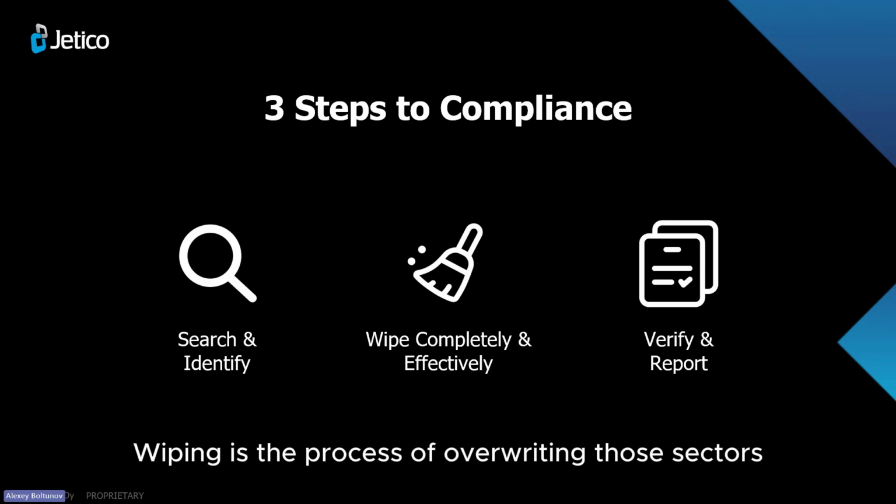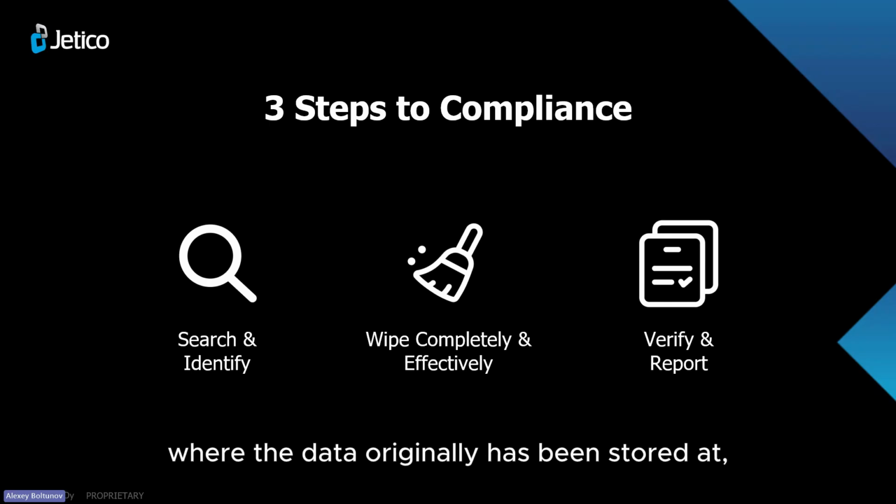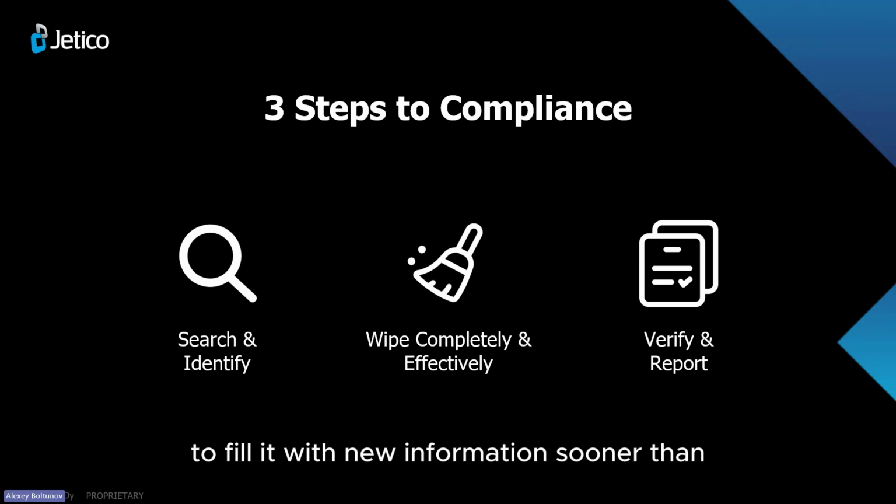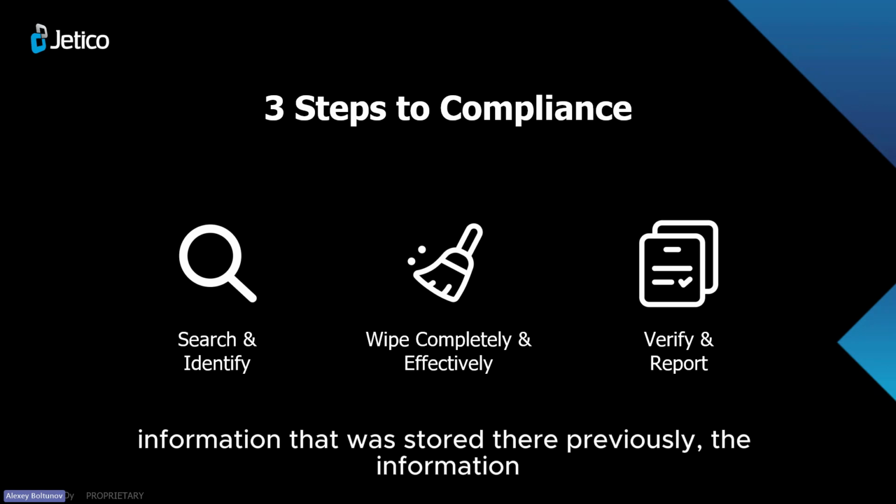Wiping is the process of overwriting those sectors where the data was originally stored, filling them with new information, to make sure that every next time a recovery tool tries to go into those sectors and recover or read the information that was stored there previously, the information is already gone.